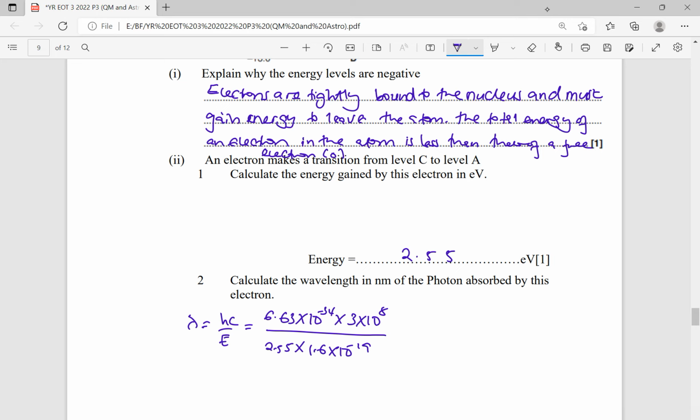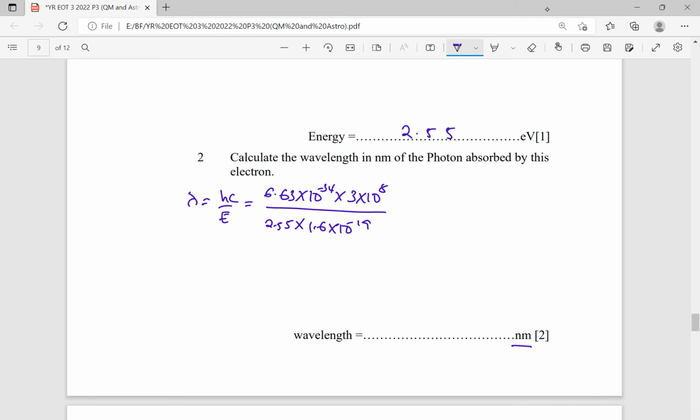Because the answer is needed in nanometers, I'll divide by 10 power negative 9 to change it to nanometers. So this is approximately 490 nanometers to two significant figures.